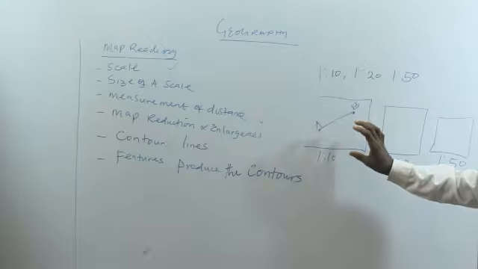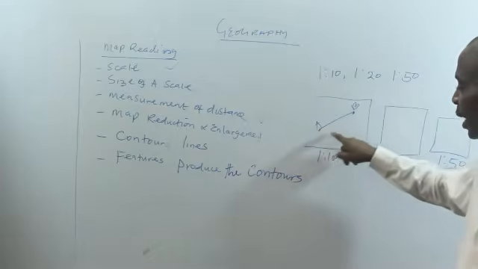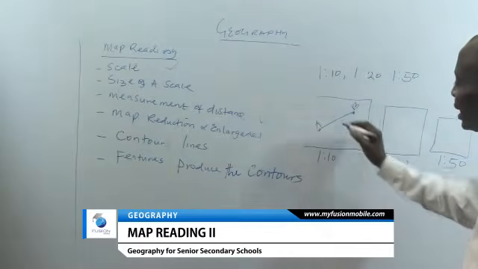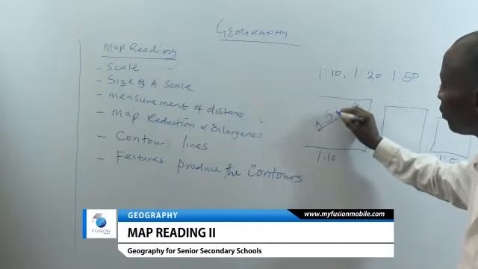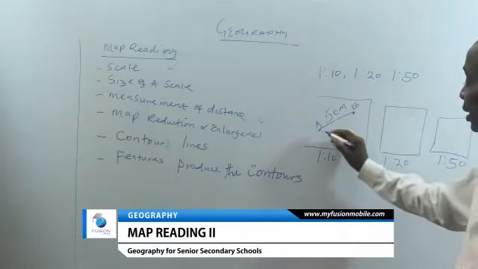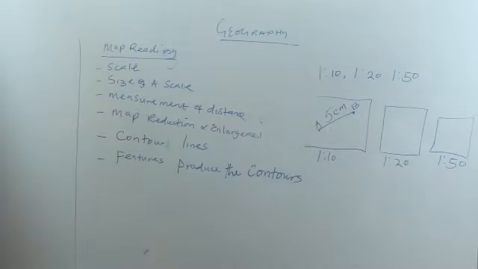When we talk about the measurement of distance on the map, our interest is if point A and point B is, for instance, 5 centimeters, that is the distance between point A and point B is 5 centimeters.